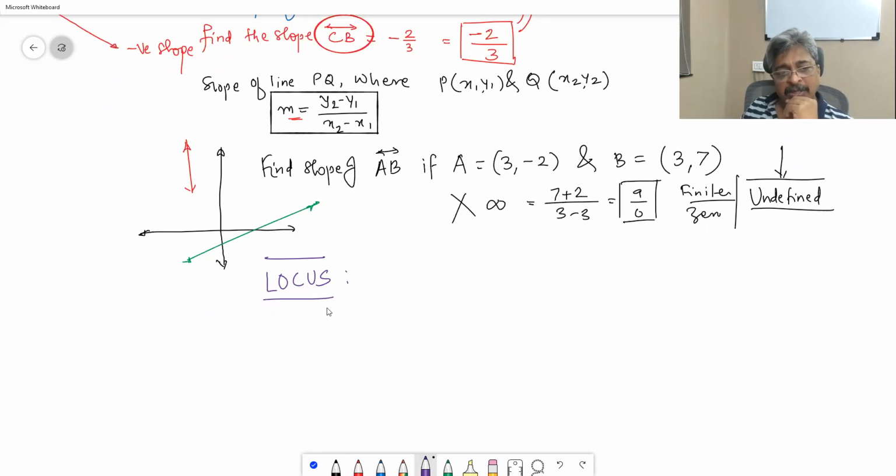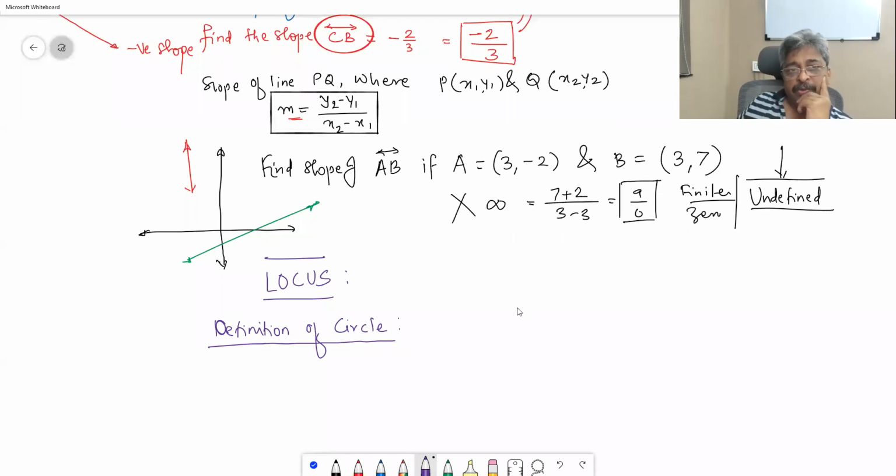Can somebody tell me one theorem where we have used this locus? Or maybe can you tell me the definition of a circle? What is the definition of a circle?